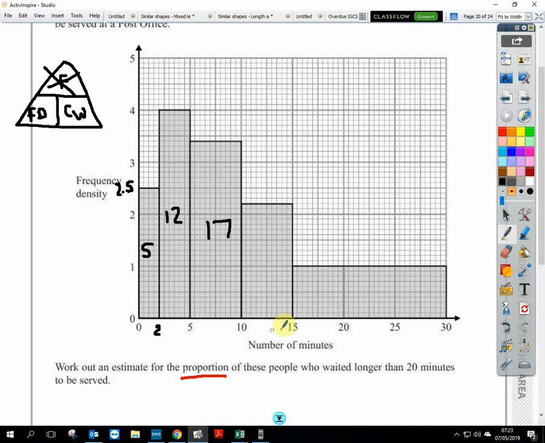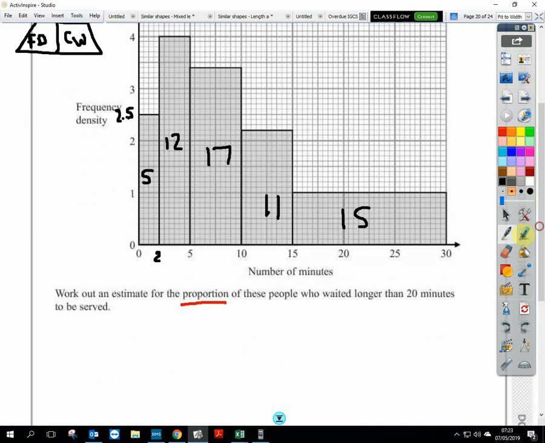And the next one is 5 times 2.2, that gives me 11. And the last one there is 15 multiplied by 1, which is 15. So what I can do now is add all of these numbers together, and that gives me a total of 60. So there's 60 people altogether in this question.